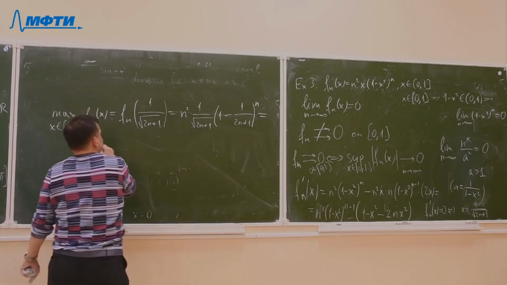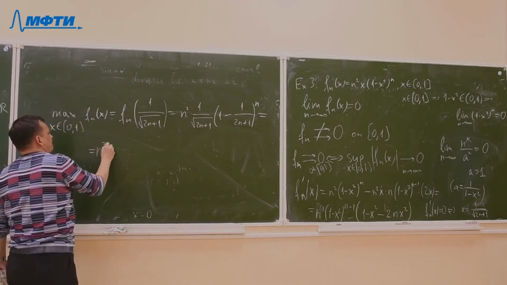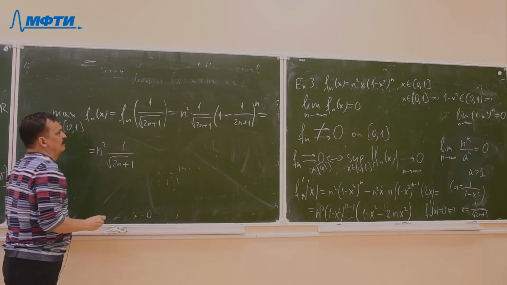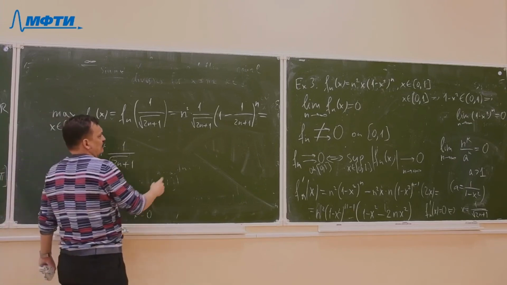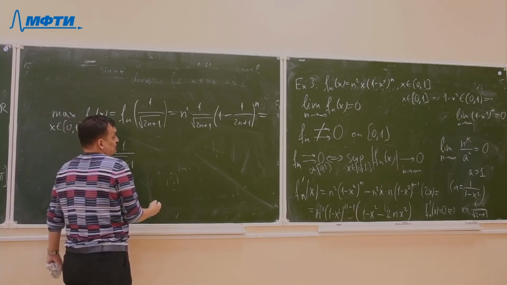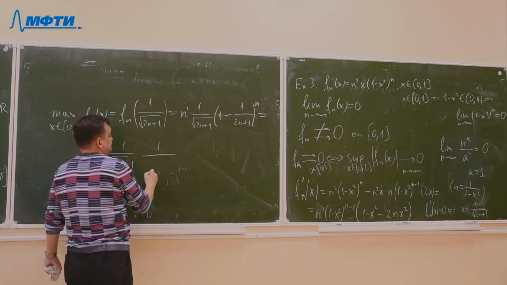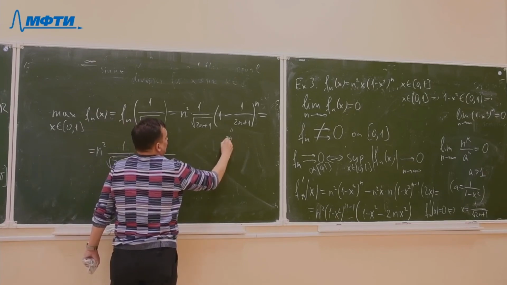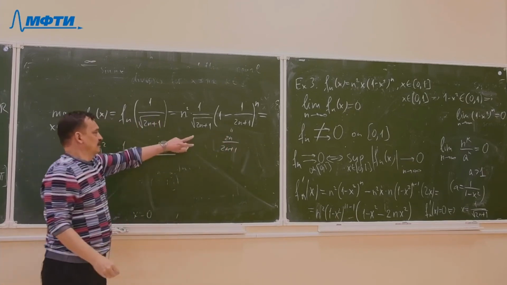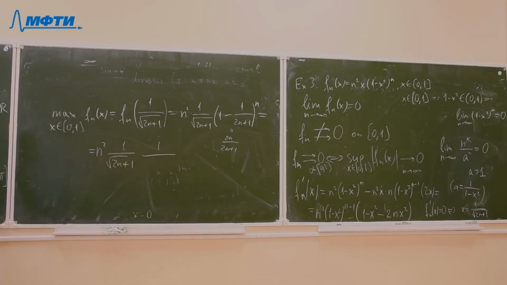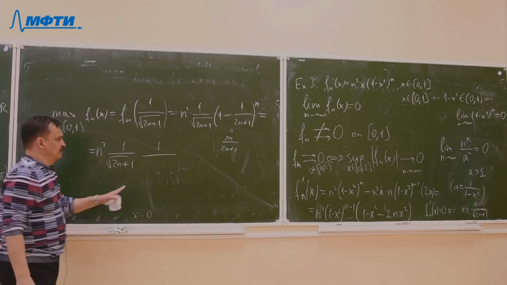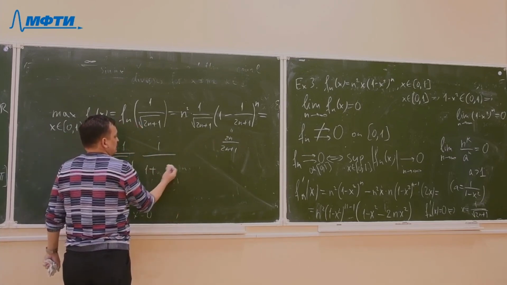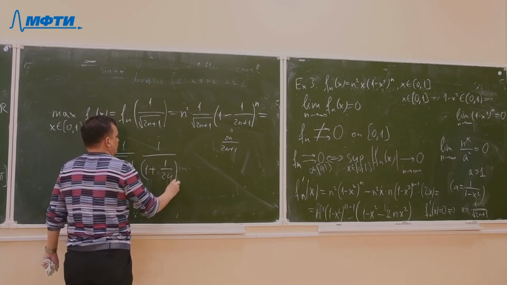To recognize immediately what it is, that is 2n over 2n plus 1. I want to take a reciprocal, and it means (2n plus 1 over 2n), that is (1 plus 1 over 2n) to the power n.